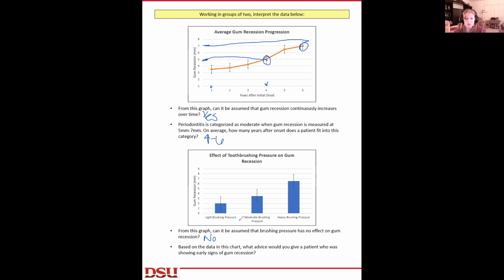A patient is showing early signs of gum recession. Given what you know, what would you tell them? Well, you'd probably tell them, don't brush so hard, right? Use less pressure when brushing. A lesson for us all.